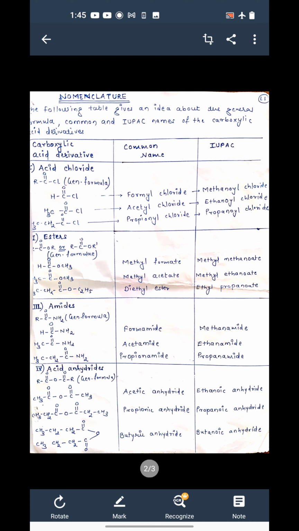Then, to write the second word, we first find how many carbon atoms are there. Only one carbon is there, and the one-carbon alkane is methane, so we write methane, then we delete the e and substitute it by oate. So what is the name? Methyl methanoate.